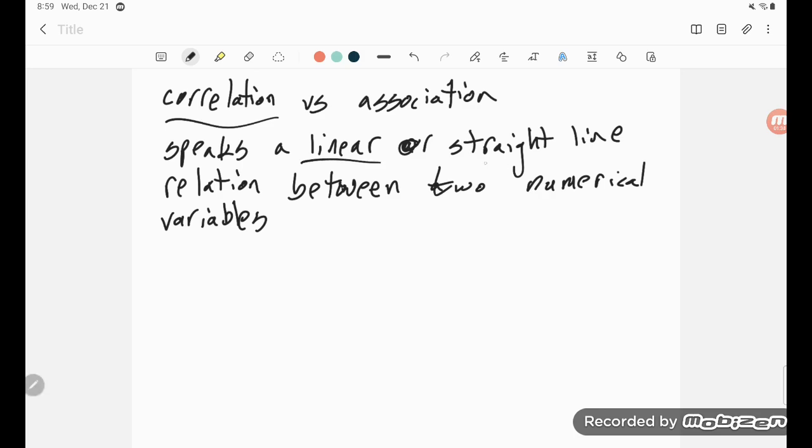It's this linear or straight line relation or association between two numerical variables. And we'll see it in chapter 5.